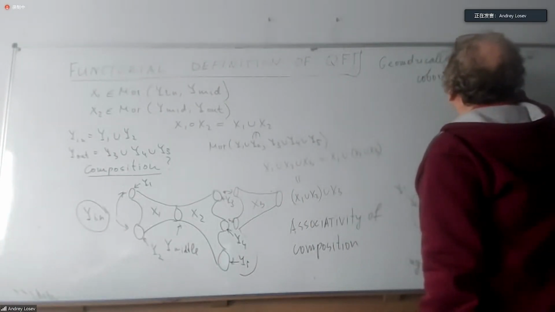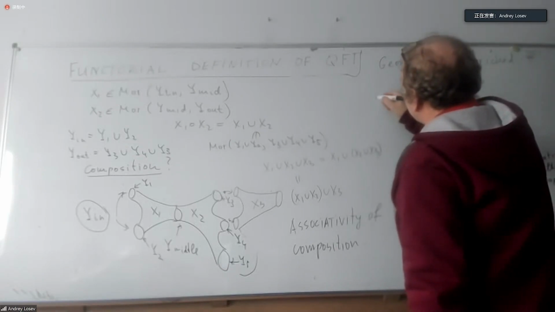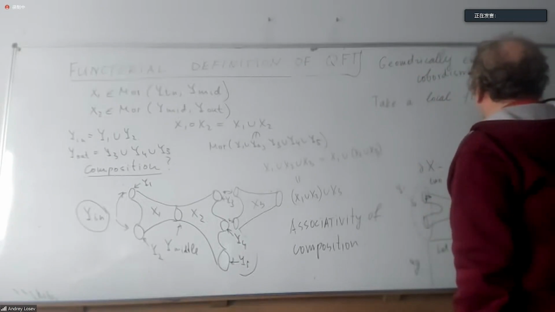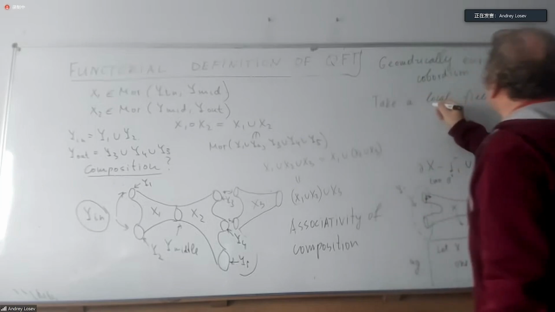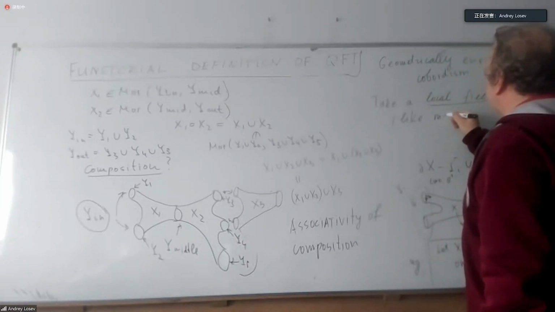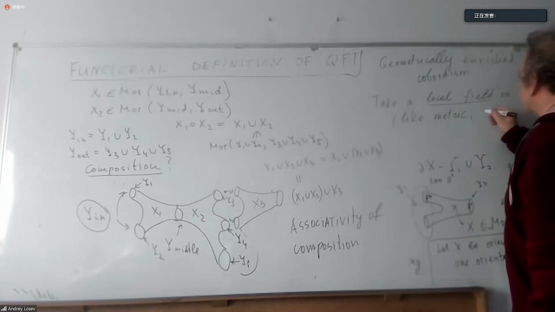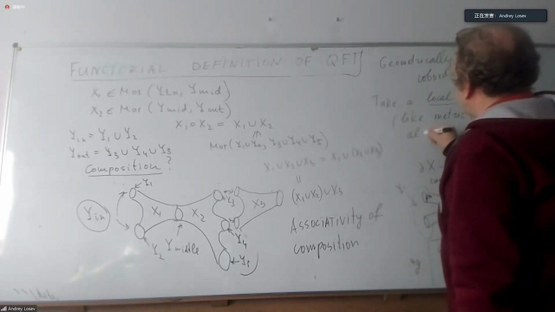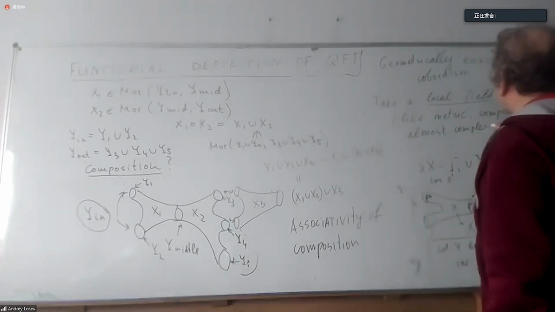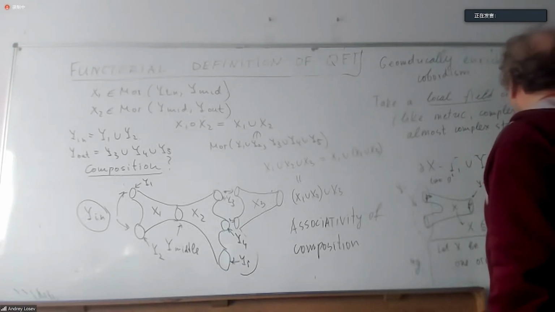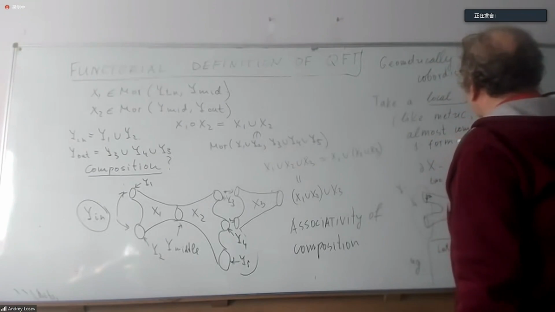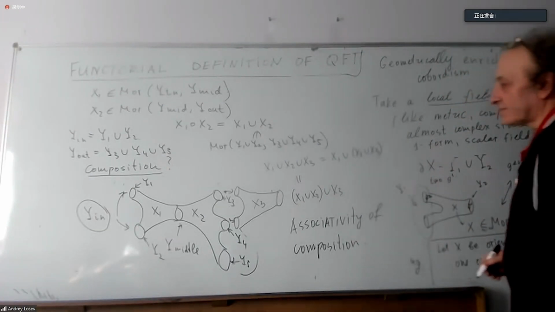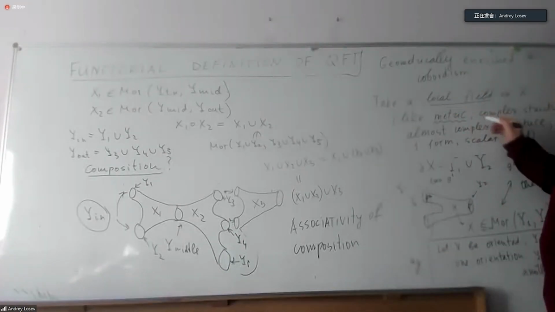However, to make a geometrical enrichment, we take a local field on X. What is a local field? Like a metric, complex structure, almost complex structure, one form, scalar field. People mostly use the metric, so I will speak about metrics.